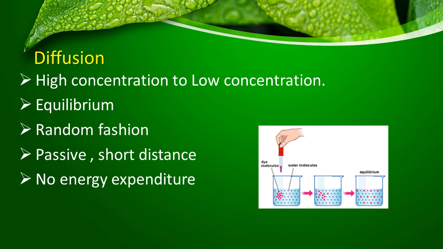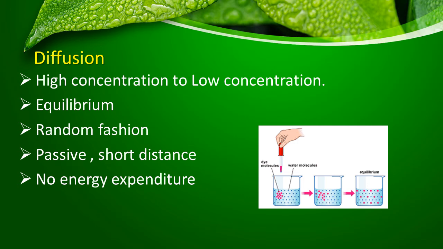Let's see the definition of diffusion. The movement of solute particles from a region of their higher concentration to the region of their lower concentration is known as diffusion. To understand this definition, I have given a picture. There you see the solute particles and water molecules.